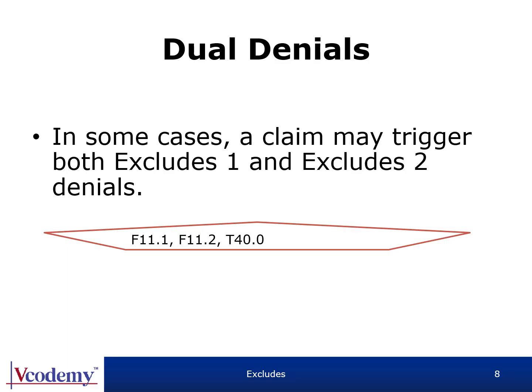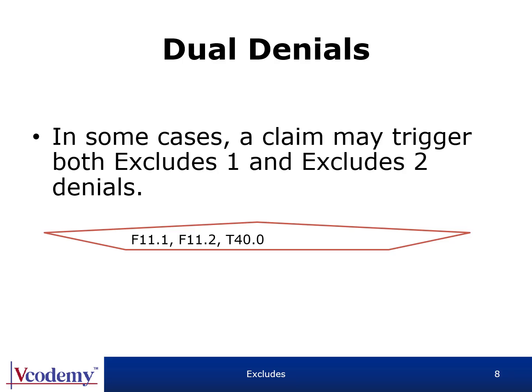So here you have F11.1 and F11.2 would conflict because F11.2 is a more descriptive version of F11.1, leading to an Excludes 1 denial. However, the combination of F11.2 and T40.0, while less common, could be relevant in certain cases, such as a patient being both opioid dependent and experiencing an adverse effect from the underdose of opium.